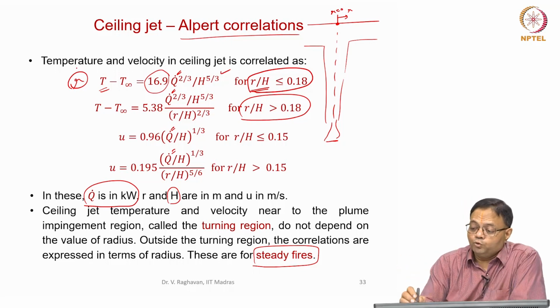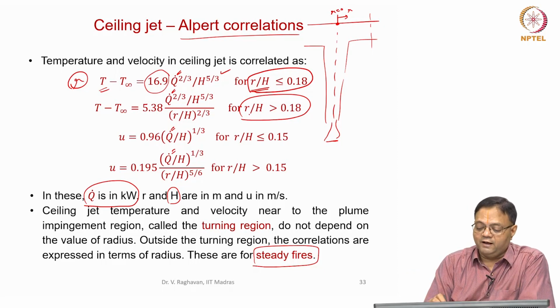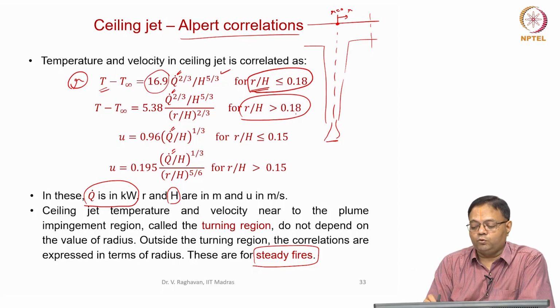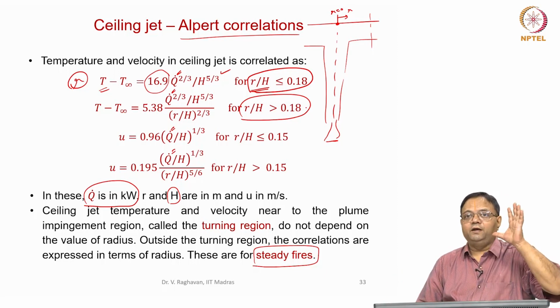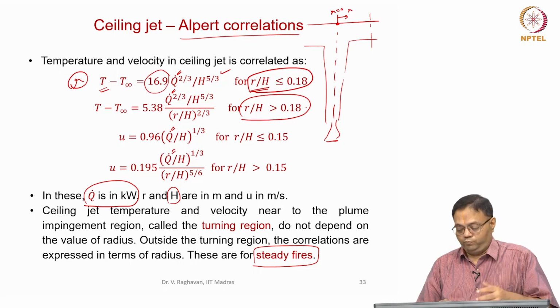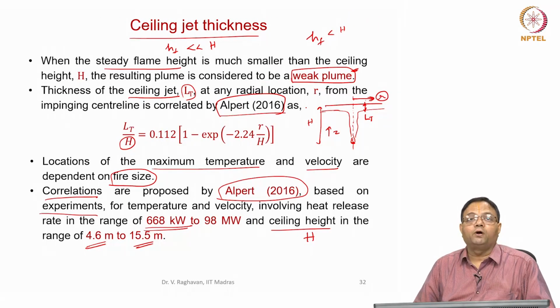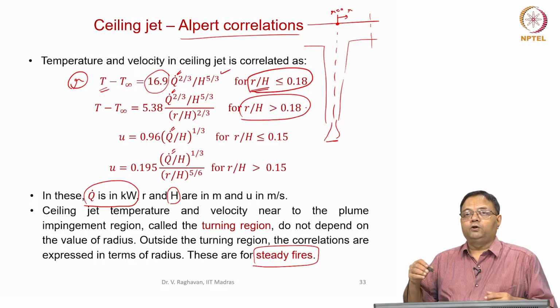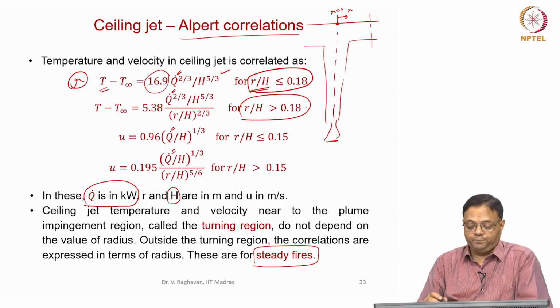Now, go to the region far off from the impinging point, that is, where the radius is greater than 0.18 H. Please see that H is varied from 4.6 to 15.5 meters, so when I say 0.18 H, it means so many meters away from the impinging point.